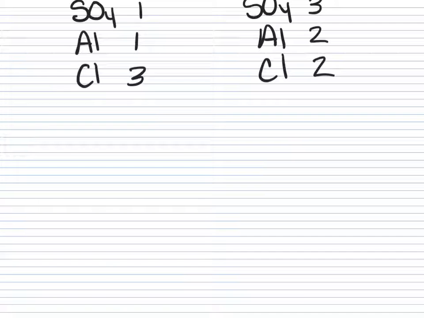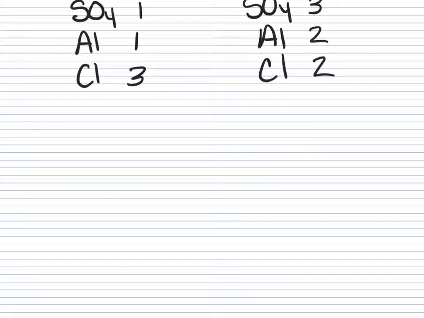So what number can I put there that when multiplied by the subscript of SO4? Now, don't get confused. This 4 is not the subscript that we're multiplying by, because that SO4, let's get a red pen, this SO4 is acting like a whole unit. So I really only have 1 SO4 in that formula.